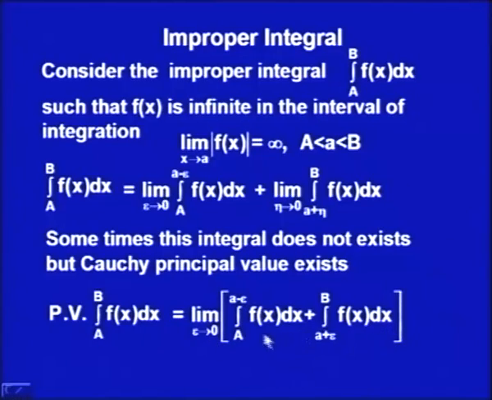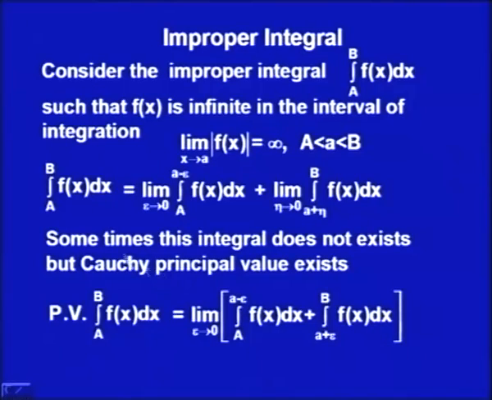So, sometimes it may happen that when epsilon and eta are taken as approaching 0 independently, the limit may not exist for either of these integrals or one of these integrals, but this limit exists. Then this limit is called the principal value of this improper integral, and we simply say it is the Cauchy principal value of the integral from a to b of f(x) dx.